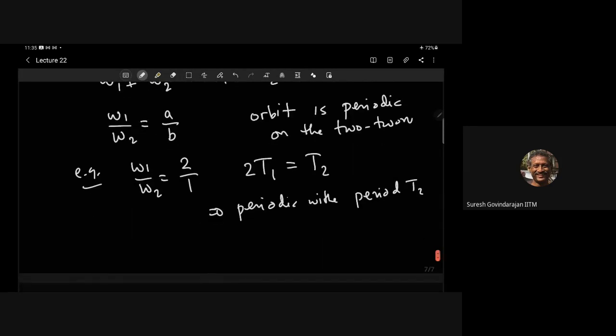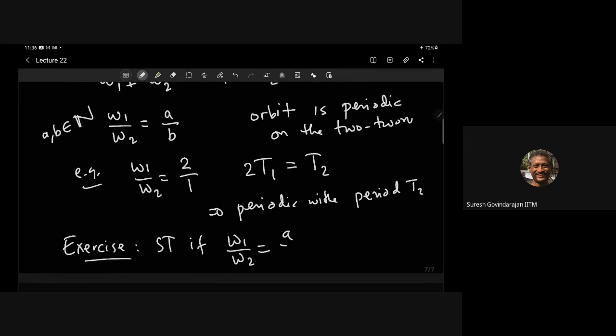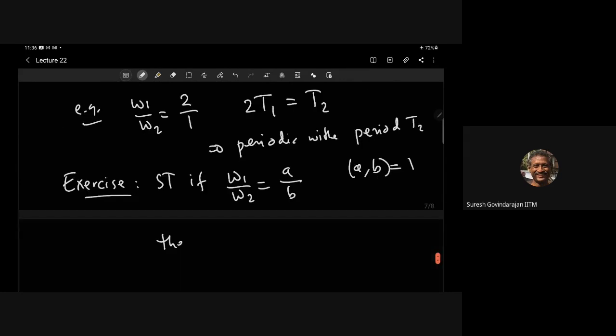Okay, so more generally, exercise: show that if omega 1 by omega 2 is equal to A by B, and of course we will assume that the GCD is 1, then it is periodic.